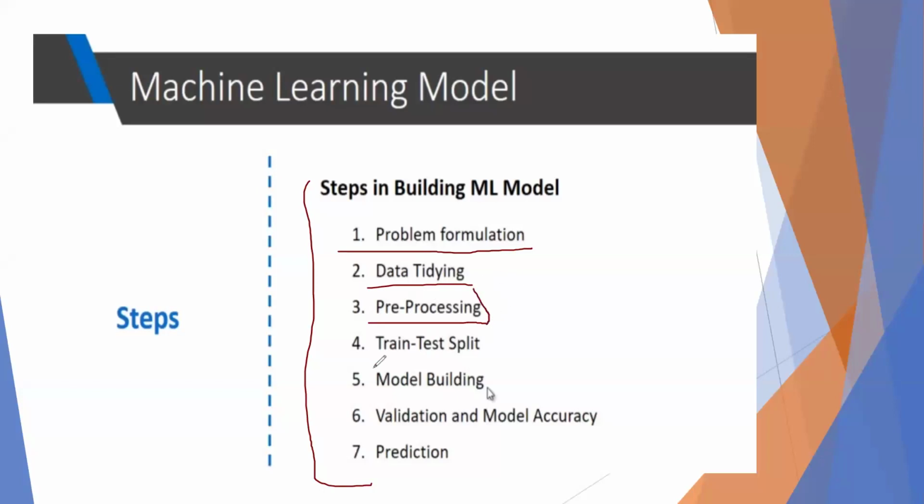After that, we split the data into two categories, train and test. Then we decide which machine learning model we will use. After running that model, we validate and check its accuracy, and then we test this model for deployment and production. So these are the basic steps. We will discuss them in detail one by one.